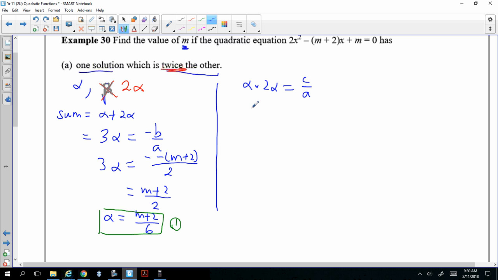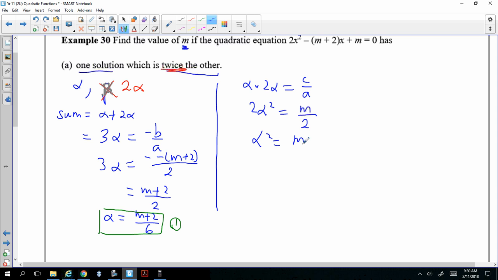Okay, now what do we do like before? We're going to substitute. Okay, let's divide by 2 first. Okay, equation 2. And then the algebra can get long because now you have to solve them simultaneously.